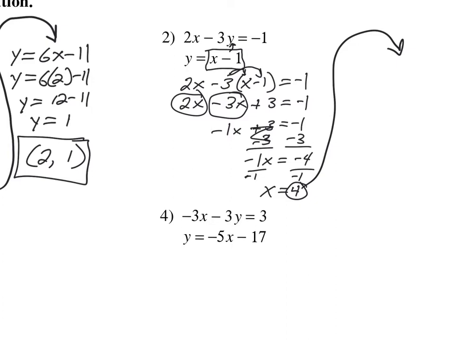Again, I would pick the easier of the two. All I have to do is take the value of x and subtract 1. So I plug that in, substitute 4 in for x, and I get y is equal to 3. So my solution is 4, 3.